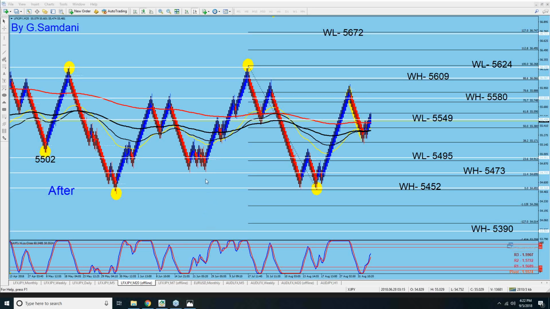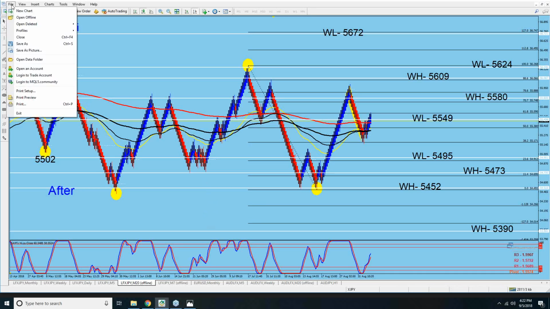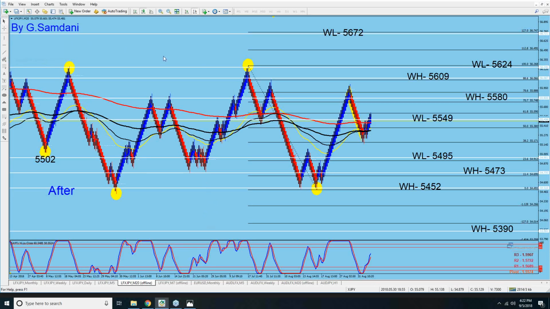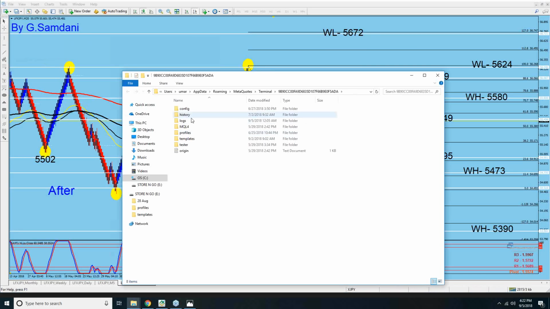You see, this is a broker. So you go in File and you see this data folder. This is where you're supposed to go. Open the data folder, and you have all three things here: the EA, the indicators in the MQ4 folder, and the templates here.